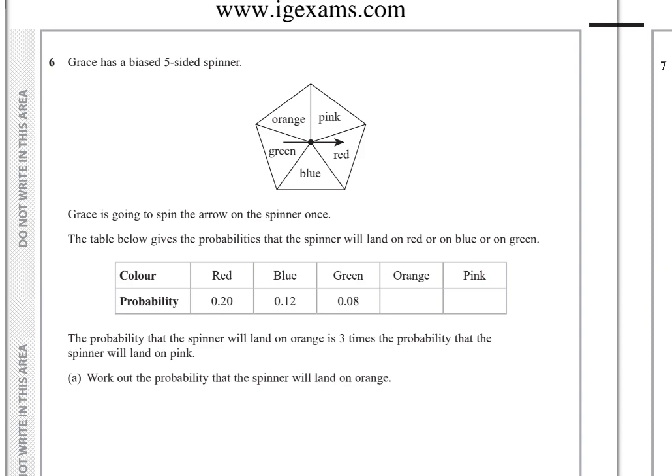So we can say that the probability of landing on pink is x, so on orange 3x. The sum of all equals 1, so 3x plus x plus 0.08 plus 0.12 plus 0.20 equals 1.